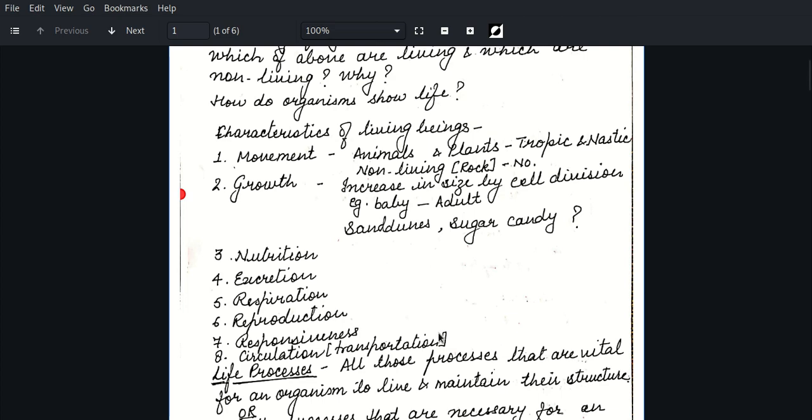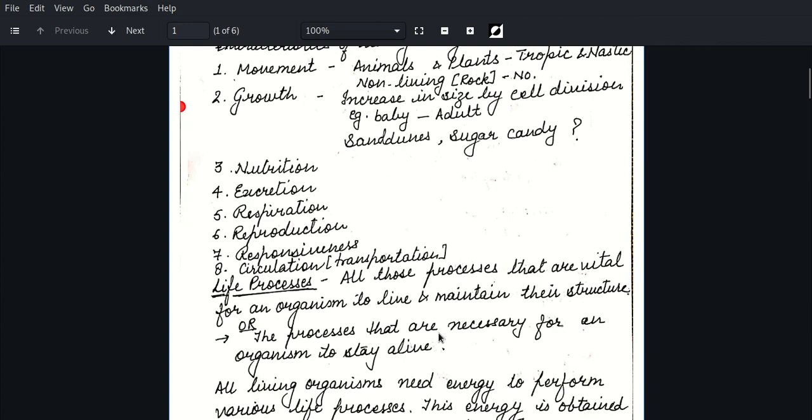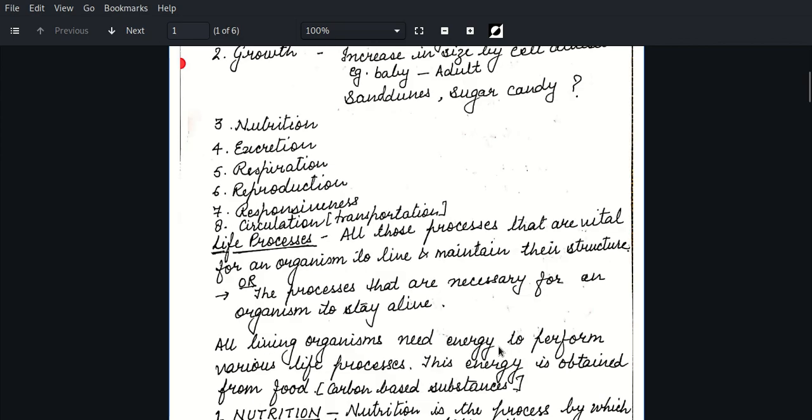Therefore, all these processes are vital for an organism to live and maintain their structure. These processes are called life processes. Or we can say those processes which are necessary for an organism to stay alive.